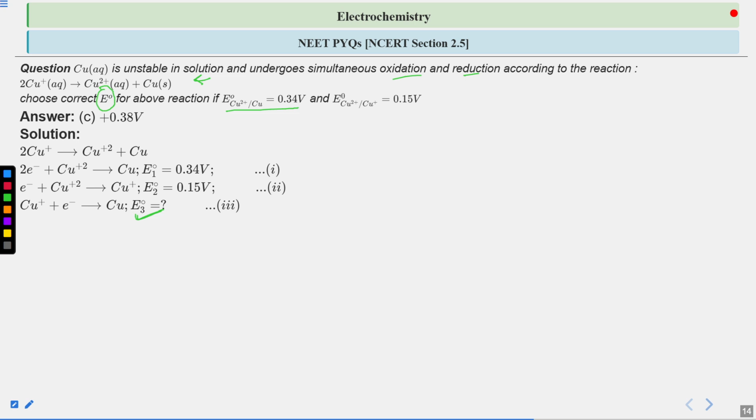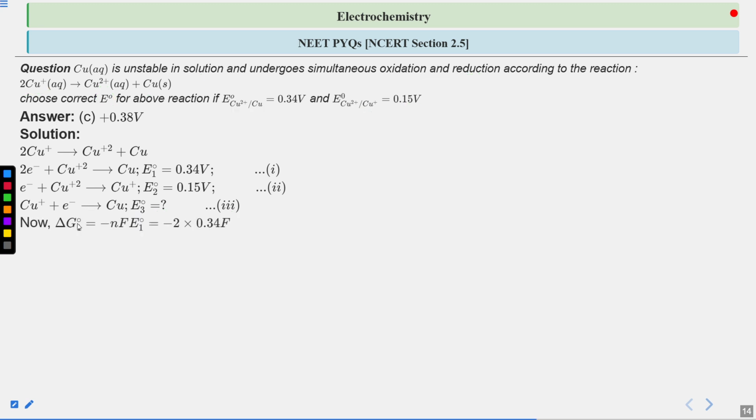If the first reaction E naught is 0.34 volt and the second reaction E naught is 0.15 volt, then the only process which remains is Cu+ to Cu conversion. This reaction's E naught we don't know, so E naught 3 is a question mark, and we have to find it out. Let's say this is the third equation.